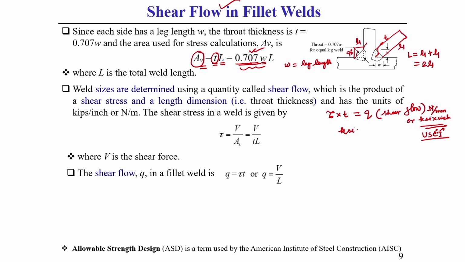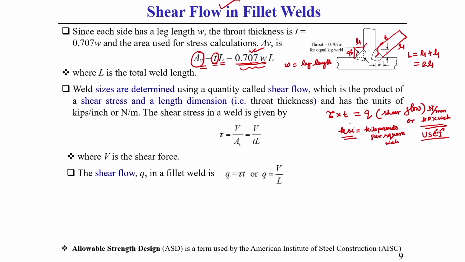KSI, you know, is generally known as kilo pounds per square inch. Okay. So, here generally we will use pounds, Kp into inch, or KSI means kilo pounds per square inch. Kp means kilo pound, or pound per inch also you can say.